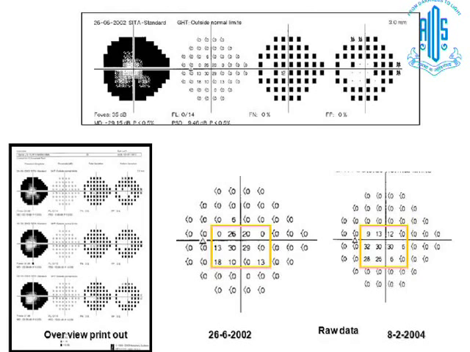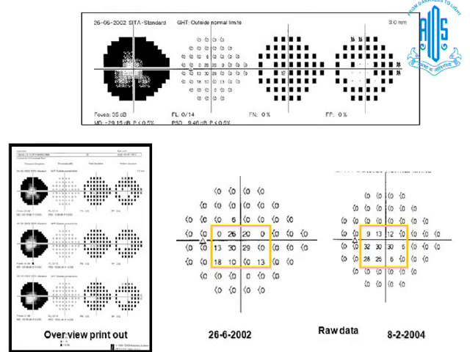For progression, only these few points are there. The change in mean deviation will be expressed in terms of all the points, even the absolute scotomas.